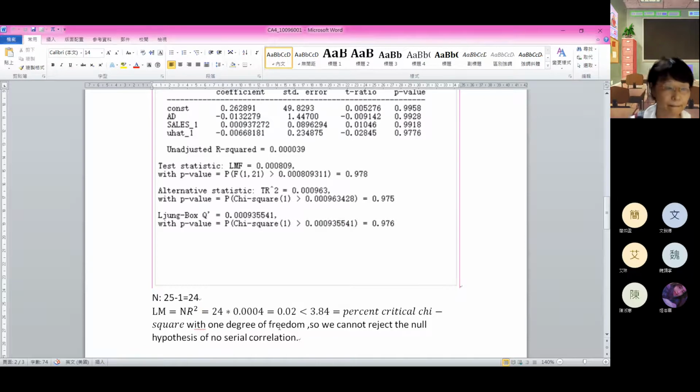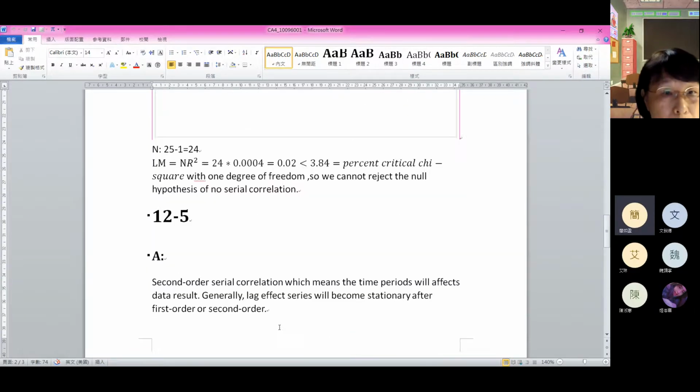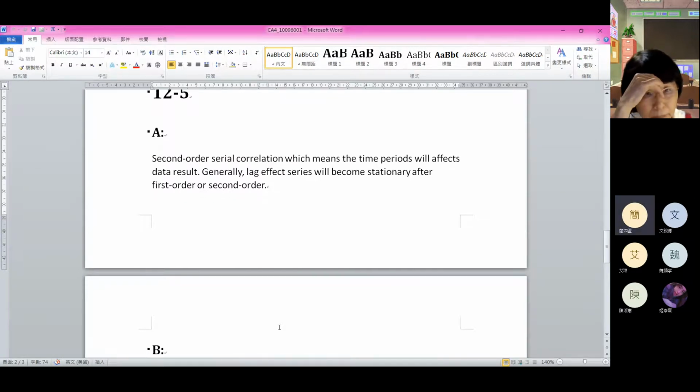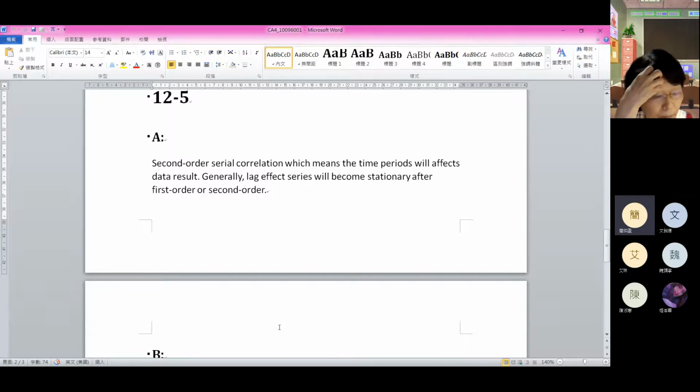Okay. And in question 5, part A, what is the meaning of needing to use the second order serial correlation? Second order serial correlation means the previous two periods will affect the data result.